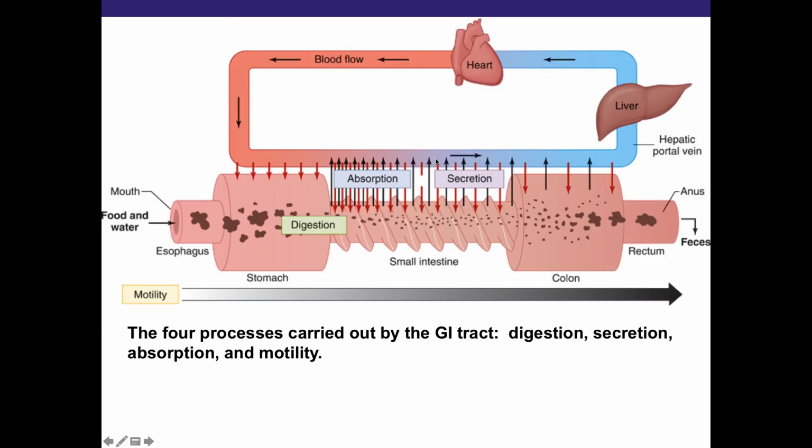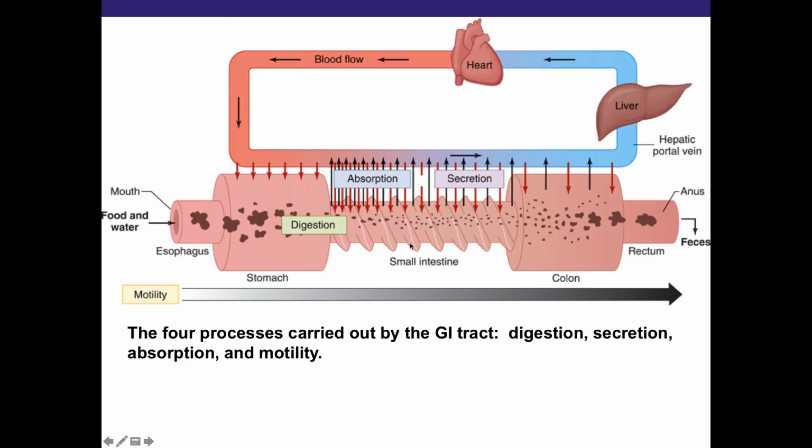It's going in the opposite direction. Secretion goes from the blood and it's secreted into the small intestines. We talked about a secretory diarrhea, which actually transports water into the small intestines. Secretory.